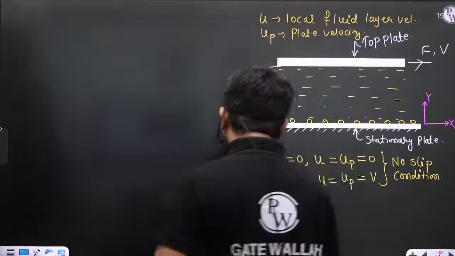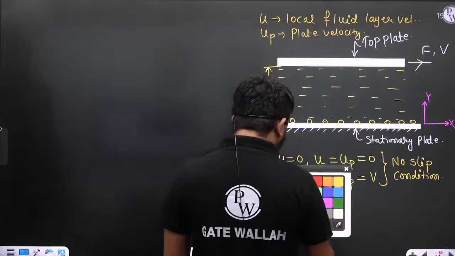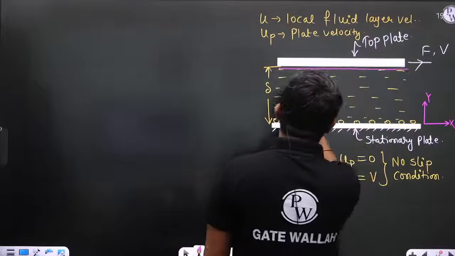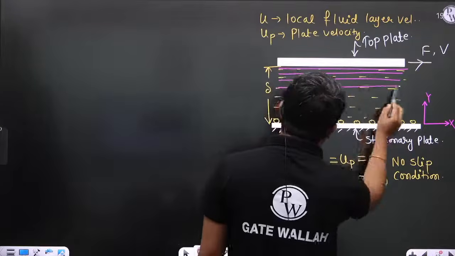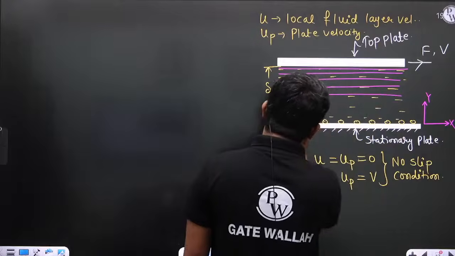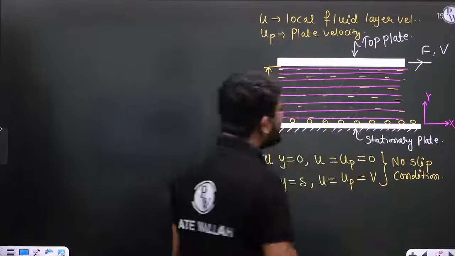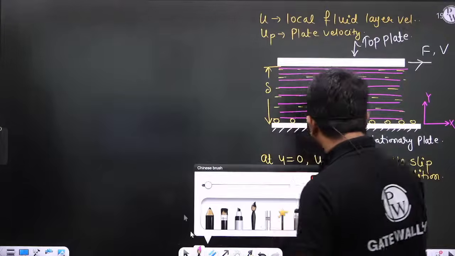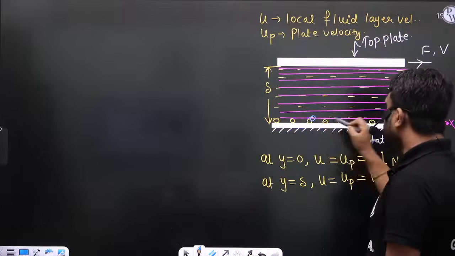Local fluid layer velocity means, see, if I am talking about the fluid, this fluid consists of a number of layers.